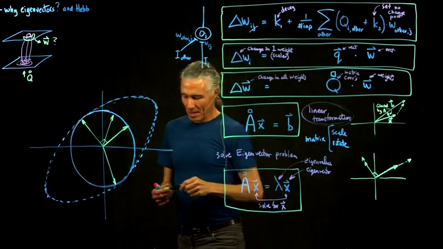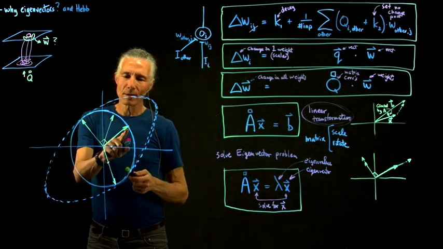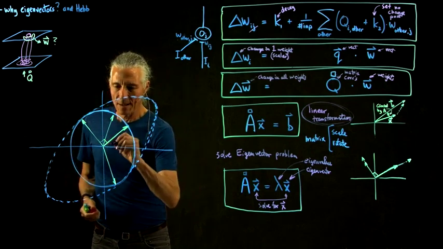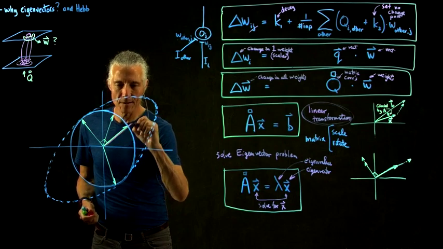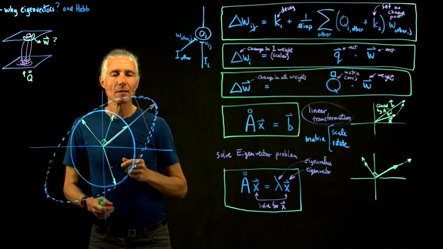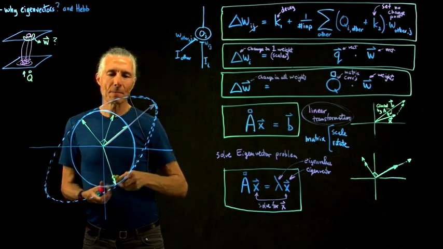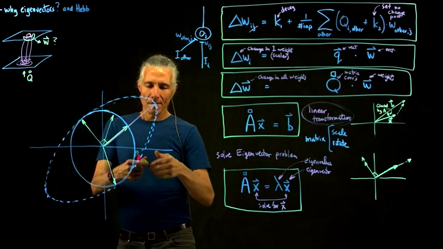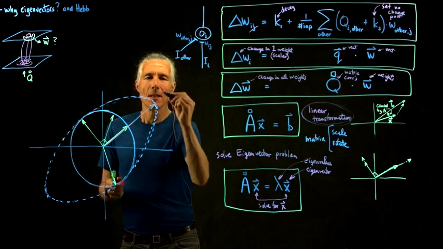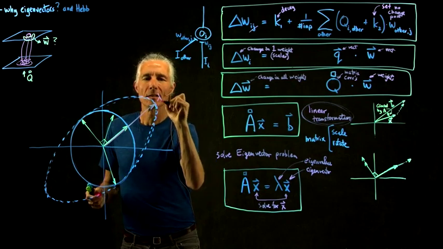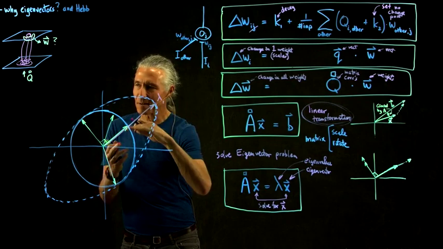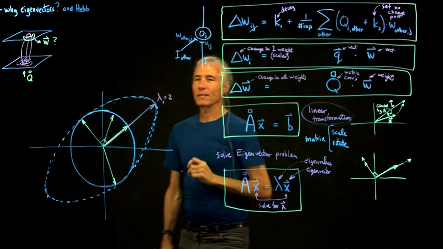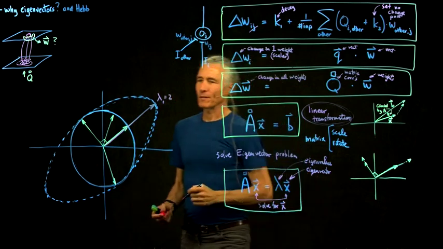Now, if we look at what the matrix did to this vector, it's just going to double it. So that means this one would have an eigenvalue, how much stretching there is, of 2, because it doubled that vector.